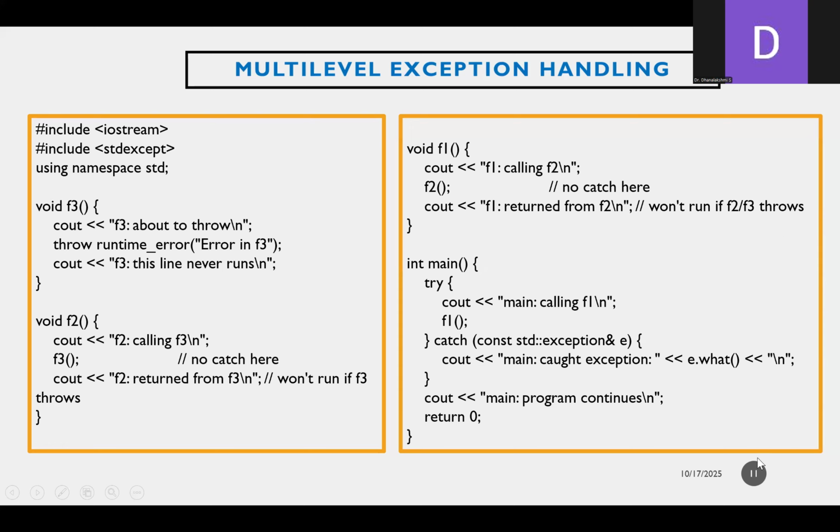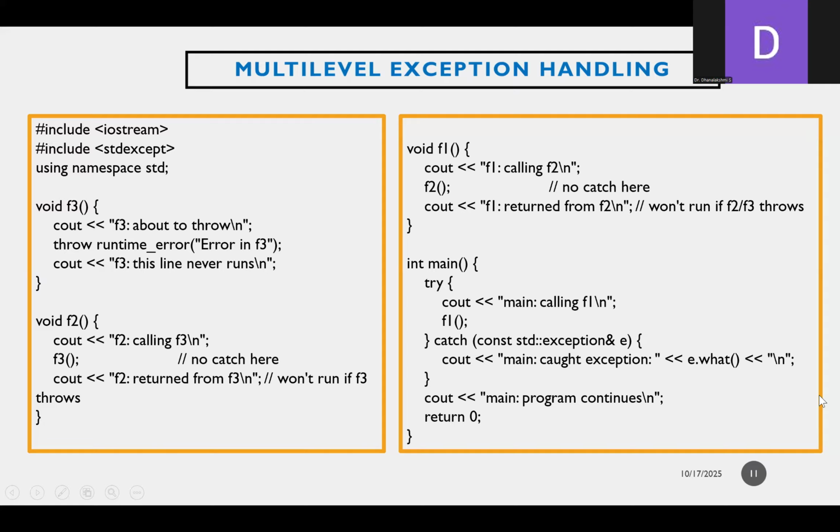The next catch is in main, so the main catch handles the exception here. The thrown runtime error is derived from standard exception, so the catch of const std::exception& e in main matches it. Inside the catch block, the program executes cout "main caught exception".